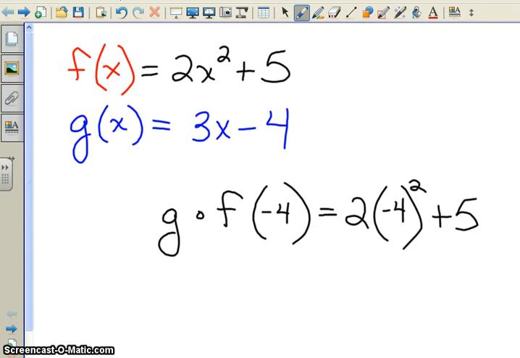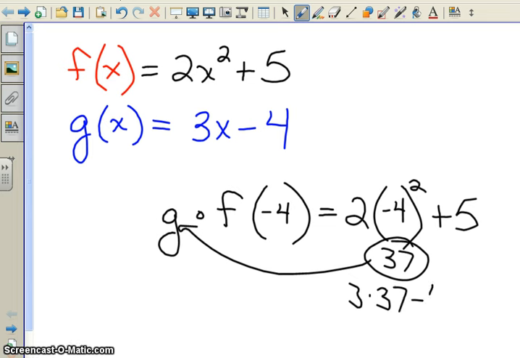Order of operations says I need to do exponents first. Negative 4 squared is 16. Times 2 is 32, plus 5 is 37. Now I'll take that 37 and plug it into the g function. So 3 times 37 minus 4 is equal to 107.